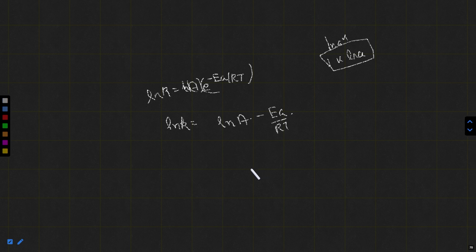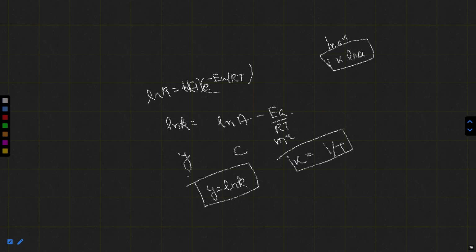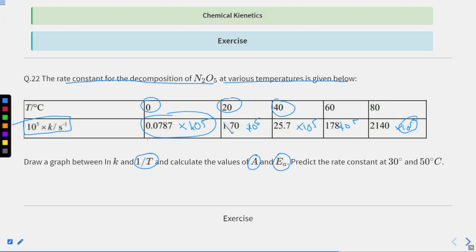Now what was the graph? If we take this as y, this as mx, and this as c, then y is ln K, and x, according to the plot, is 1 by T. We have plotted this graph only. So this is the equation of a straight line, y equals mx plus c. Now what would be A? It is asked what A is.